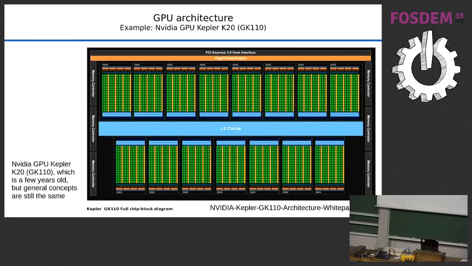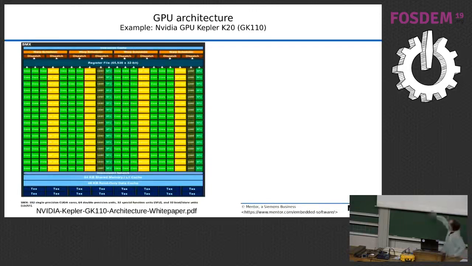So you'll see these 15 or so blocks here, which they call streaming multiprocessors, and in each of them there are yet more smaller blocks. The green ones here are your actual compute cores, so that's basically processors that can do simple arithmetic instructions, memory access, and that kind of thing.